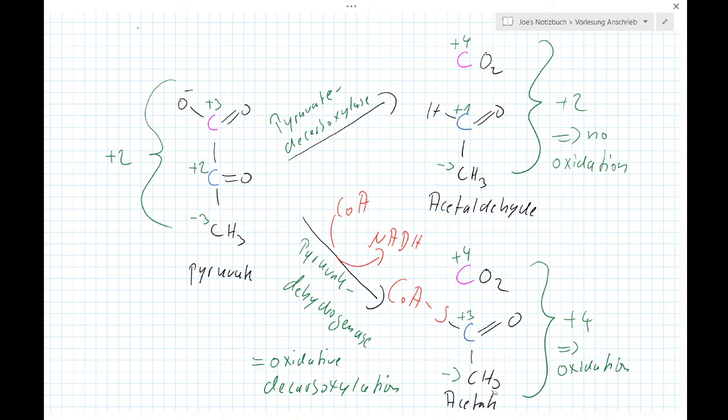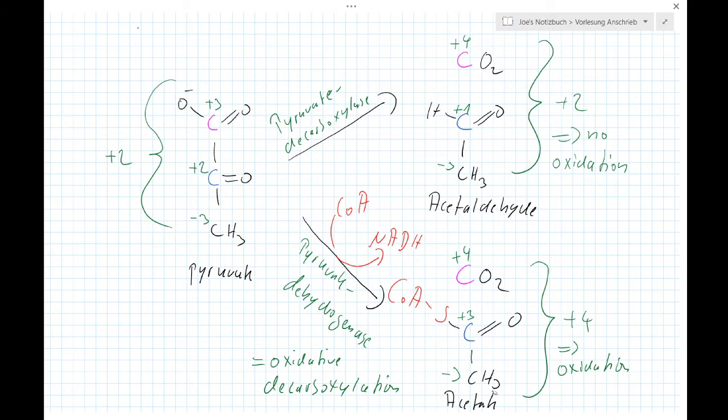So these two forms we have: a decarboxylation when we have no oxidation of the molecule, or an oxidative decarboxylation when we have an oxidation of the molecule. And then of course the enzyme doing that is called a dehydrogenase. And you remember that happened quite a bit in the citric acid cycle. And in the citric acid cycle, it's not necessarily the group directly at the leaving group which is being oxidized. This could also be the group at position 2 or 3 if there is a hydroxyl group, which then becomes a keto group.